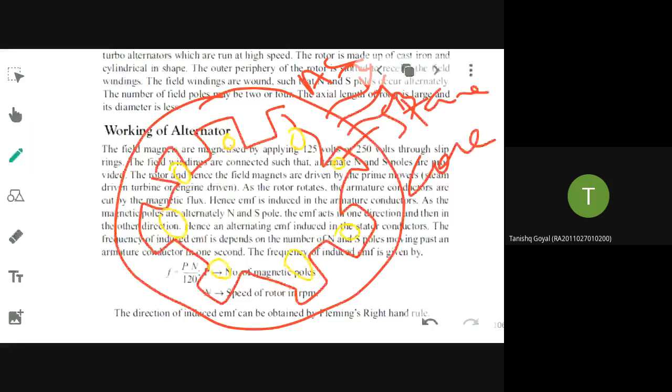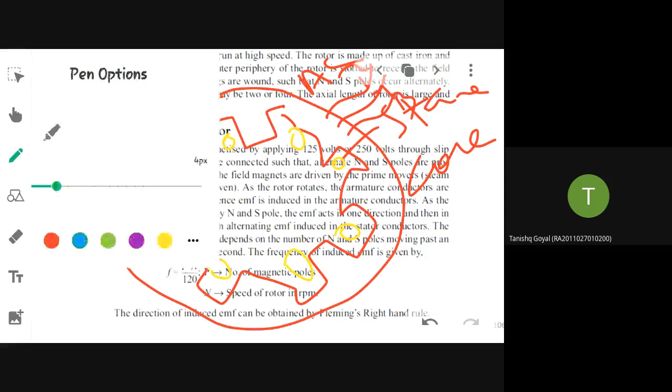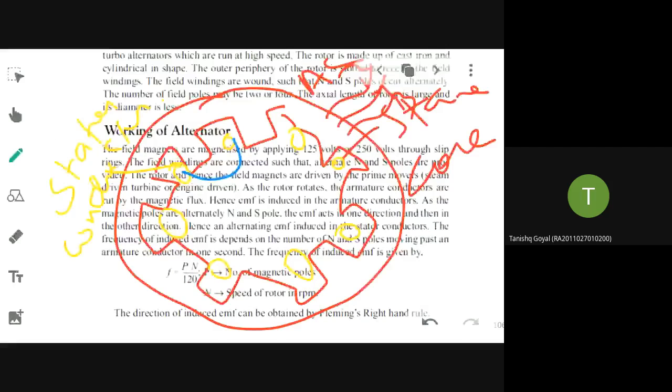Stator conductors will be placed like this, and you are going to connect them in star shape. All these will be connected in star shape and given to AC supply.